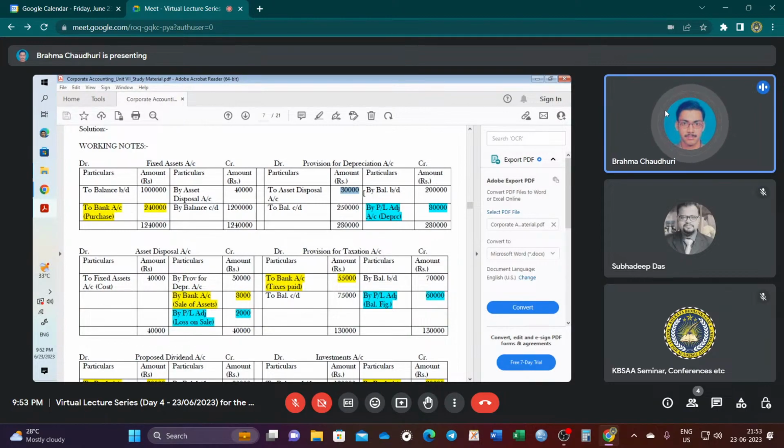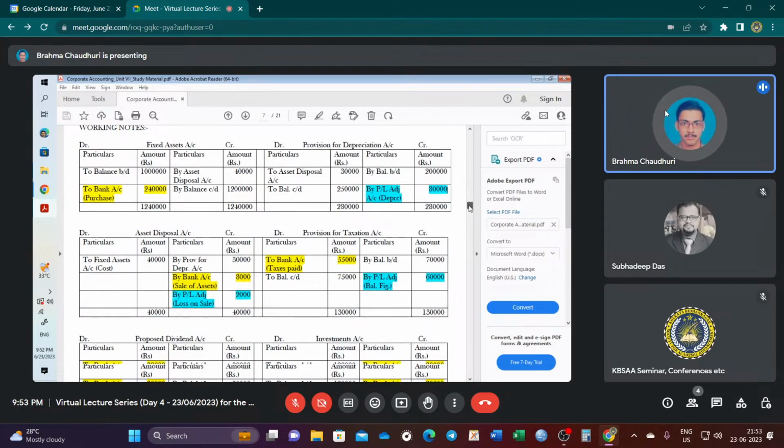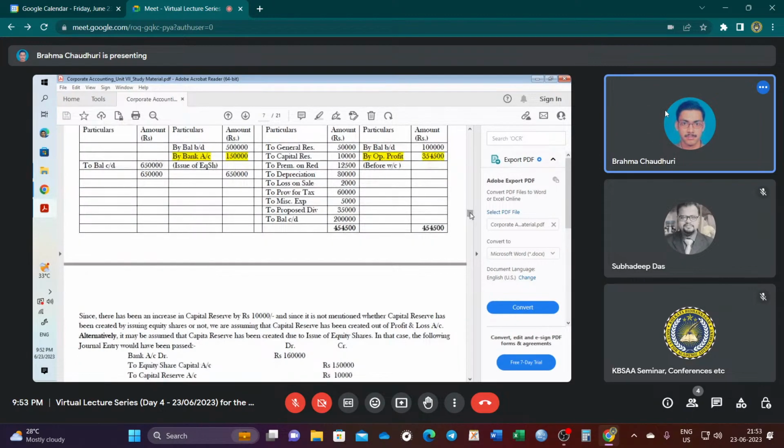So by profit and loss adjustment account, depreciation, provision for depreciation created during this year is 2,80,000 (2,50,000 plus provision for depreciation written back of 30,000) less 2 lakh, so by profit and loss adjustment account 80,000. These 80,000 will again be shown in the profit and loss adjustment account, to depreciation account.